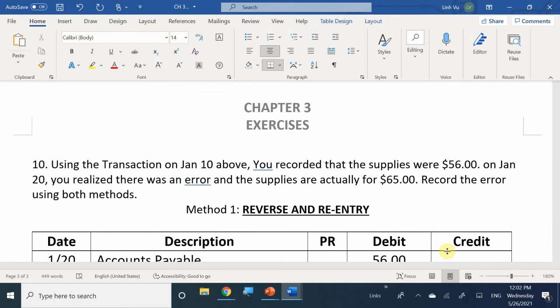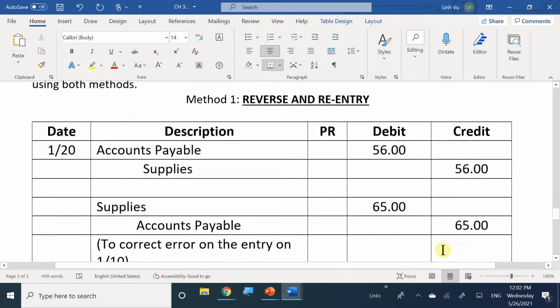Do I need to increase my supplies or decrease my supplies? Do I need more supplies or less supplies? Yes, you need more.